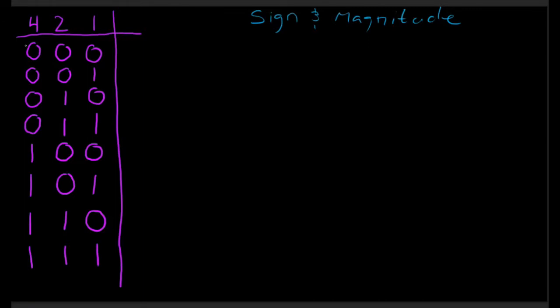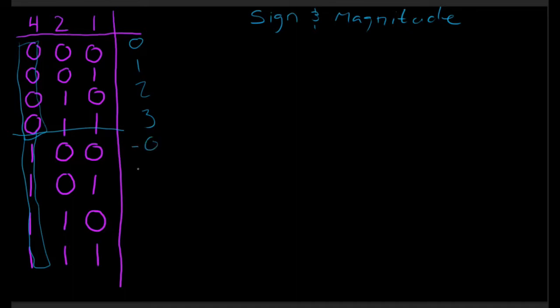So they simply said, okay, let's look at the zeros here. Let's call those positive and these ones negative. The way that works is this is 0, this is 1, this is 2, this is 3. But then this is negative 0, this is negative 1, negative 2, and negative 3. So it's not very intuitive, it's not even intuitive for a computer.